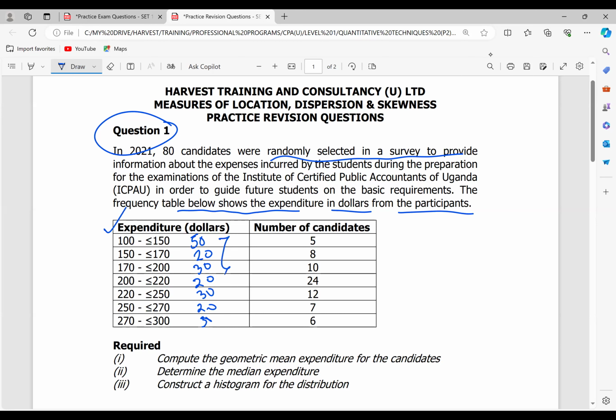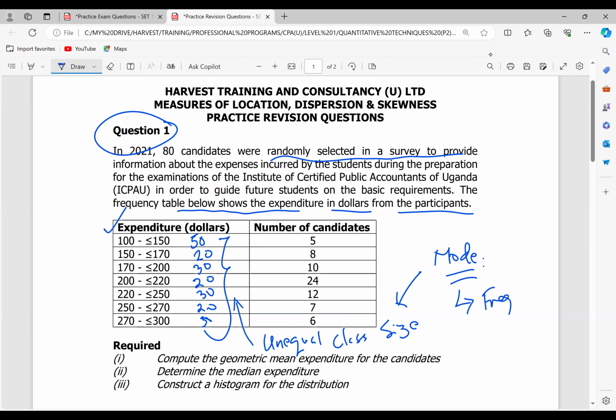Unequal class size. And if you have unequal class size, if you are to determine the mode, you have to use frequency density.